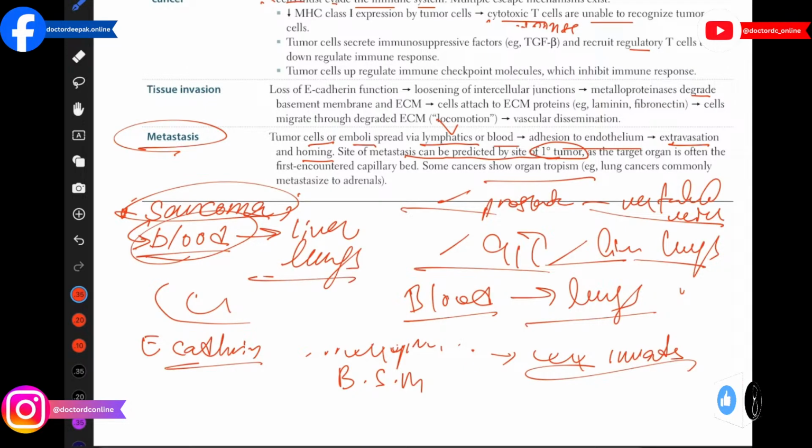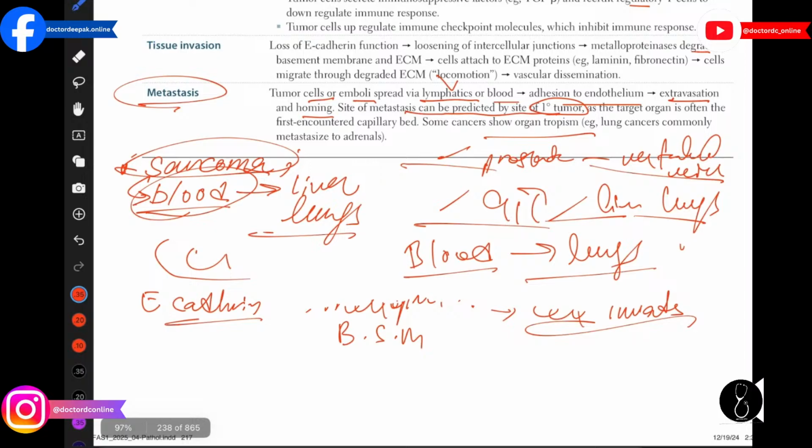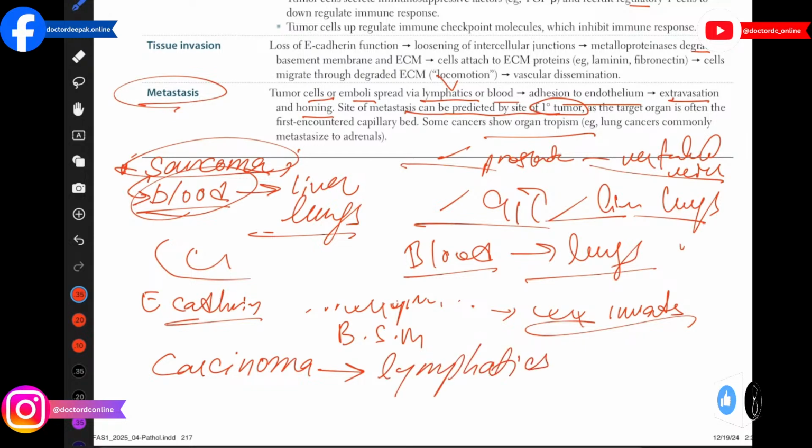Understand? And what is our second route? The second route is lymphatics. Carcinomas spread through lymphatics. But there are exceptions. Exceptions are carcinomas that spread by the bloodstream. First, choriocarcinoma.